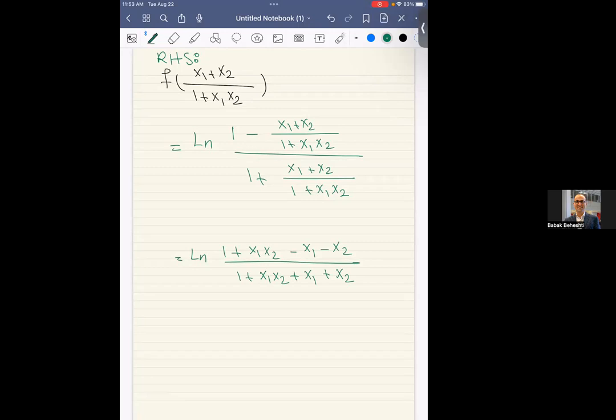And then you can cancel out 1 plus x1 x2 from both denominators, right? But this is nothing but ln of (1 minus x1) times (1 minus x2) divided by (1 plus x1) times (1 plus x2).